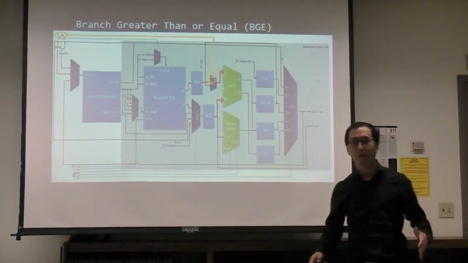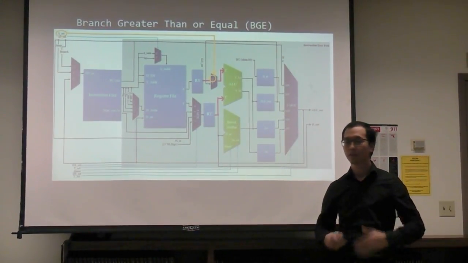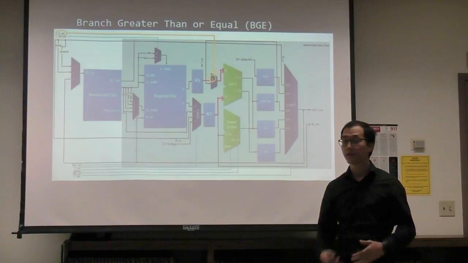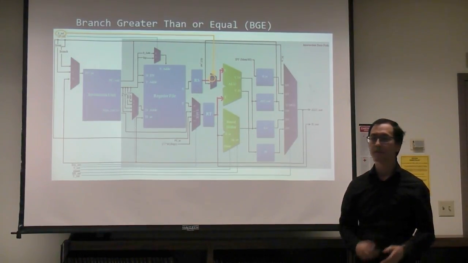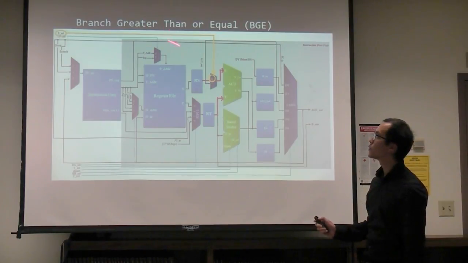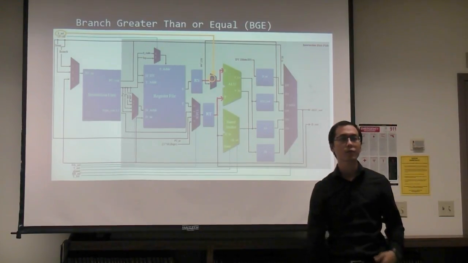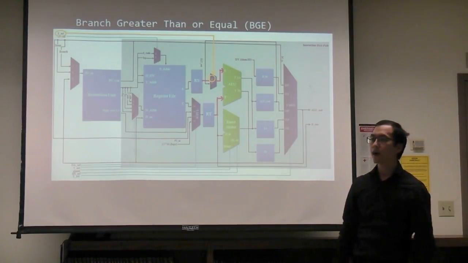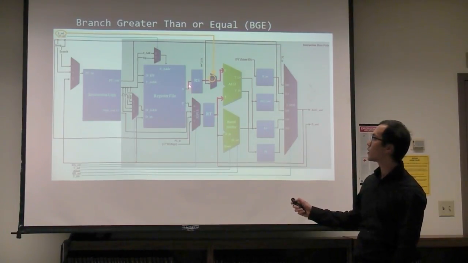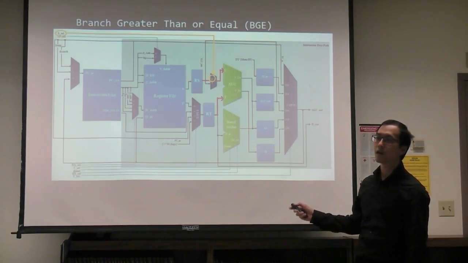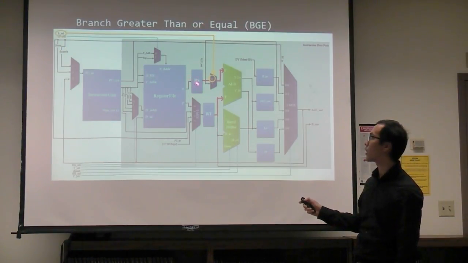Alright, so after we overview the MIPS architecture, we're going to begin with the data path of our enhancements for each instruction. The first one we're going to do is branch greater than or equal, or BGE. After we fetch and decode the instruction, we get the data from the S field of the instruction into RS, and the same way we get RT.